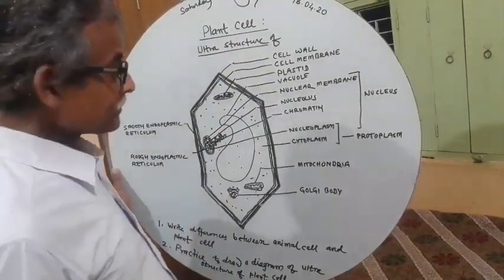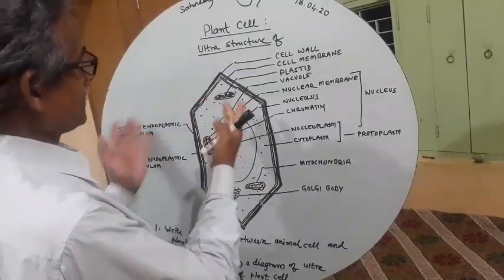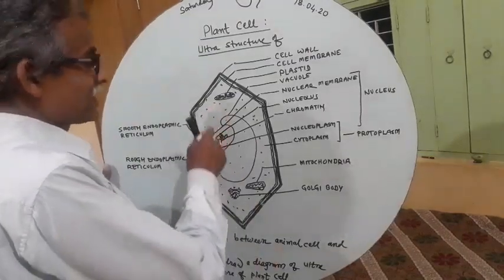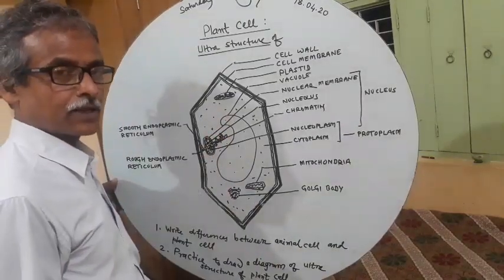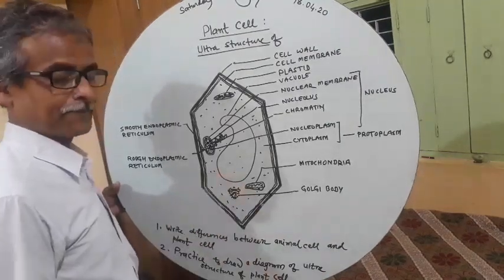And when you keep the diagram of animal cell and plant cell side by side, you can observe it carefully and then differentiate between them.